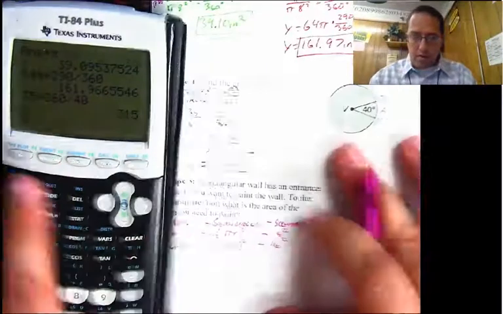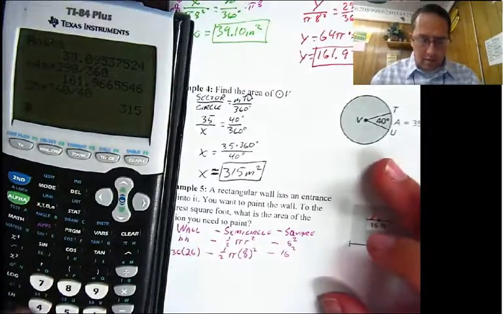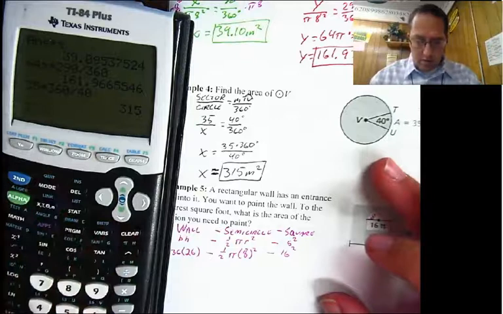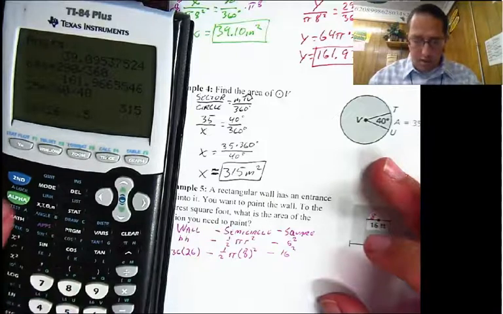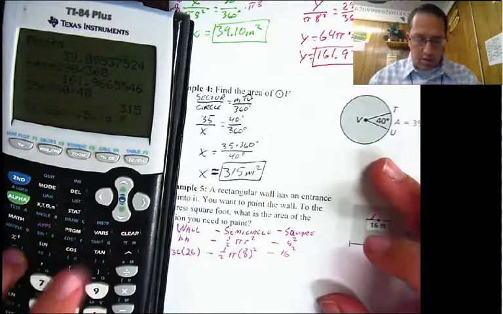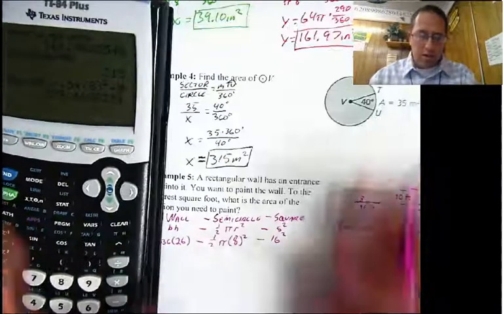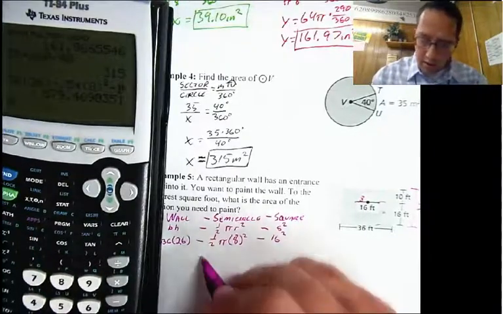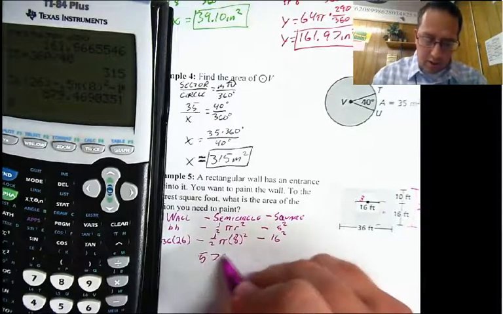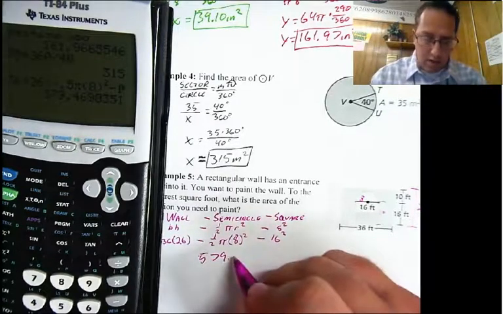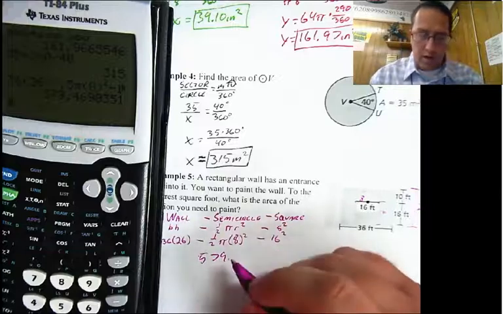We have 36 times 26 minus 1/2 of pi times 8 squared minus 16 squared, and we get, let's see here, 579.469.